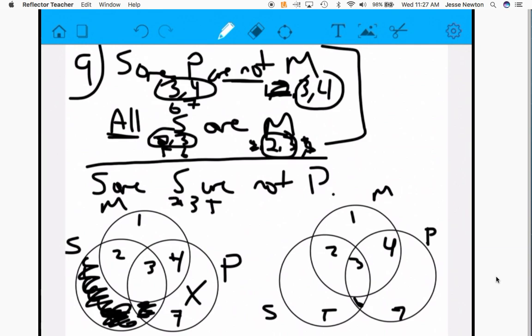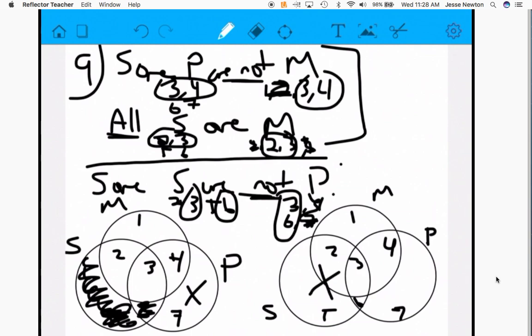Region P is 3, 4, 6, and 7. And we circle the regions of overlap, which in every case, you notice, is always 3 and 6 in the conclusion. And we're saying are not. Pay careful attention to that. So it's are not in 3 and 6, which means what? If it's are not in 3 and 6, it can only be in 2 and 5. And how do we show that? By putting an X right there.